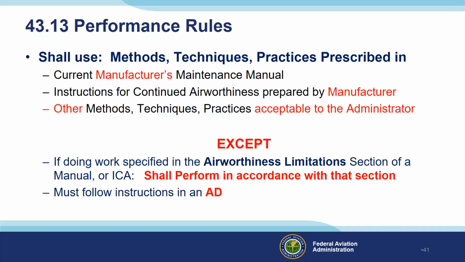43.13 says, and there's that mandatory language, shall use methods, techniques, and practices prescribed in the current manufacturer's maintenance manual, or instructions for continued airworthiness prepared by the manufacturer, or other methods, techniques, and practices acceptable to the Administrator, except if you're doing work specified in the airworthiness limitations section of a manual or an ICA, you shall perform it in accordance with that section.